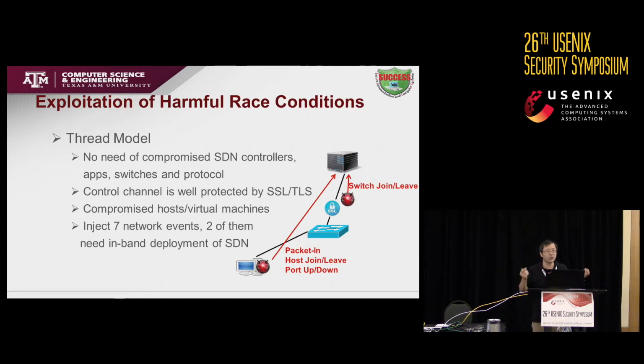We also assume the control channel can be well protected by, let's say, SSL/TLS. We only assume attackers can compromise some regular hosts or virtual machines. By using these compromised virtual machines or hosts inside an SDN network, the attacker can inject several network events. The details are in the paper.